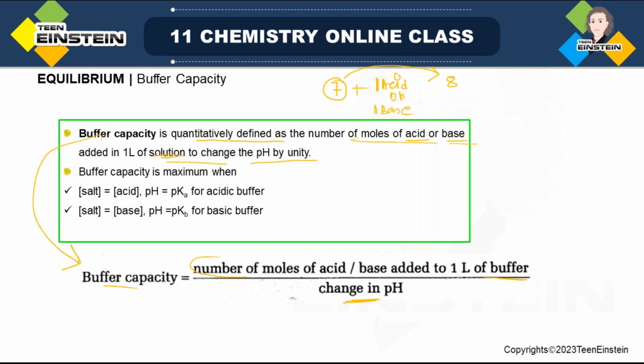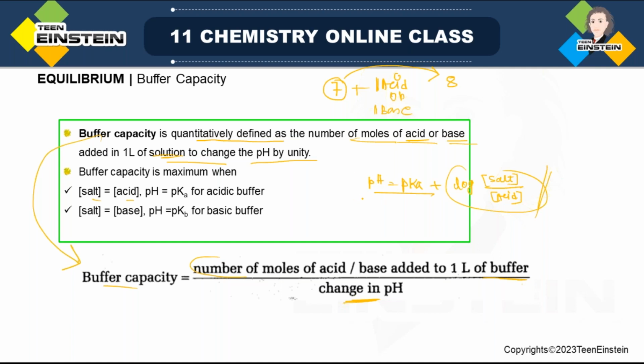Now buffer capacity will be maximum when the salt and acid concentrations are the same. Remember the Henderson-Hasselbalch formula: pH is equal to pKa plus log of salt divided by acid. When salt and acid are the same, this part becomes log 1, which is 0, so pH is equal to pKa.